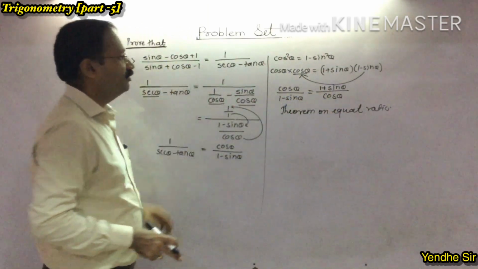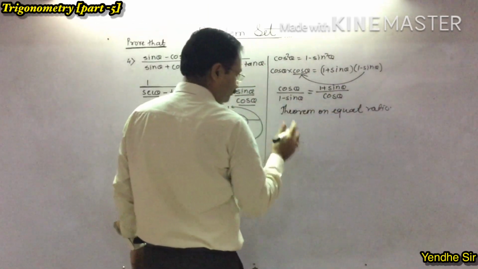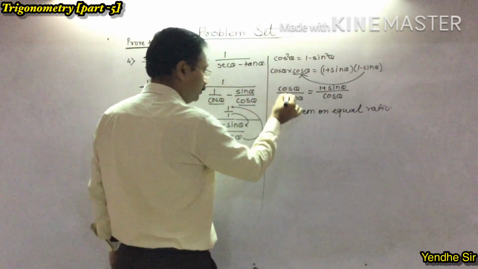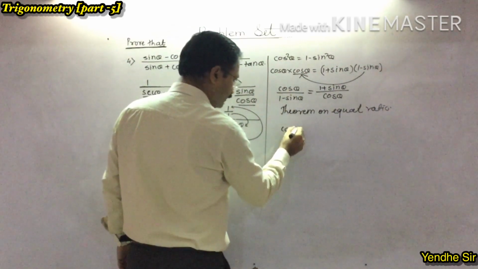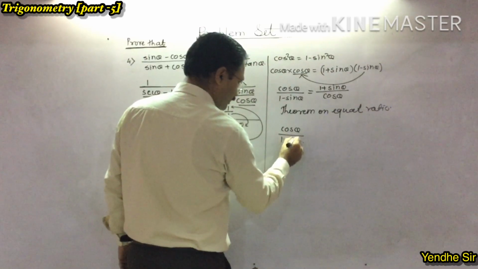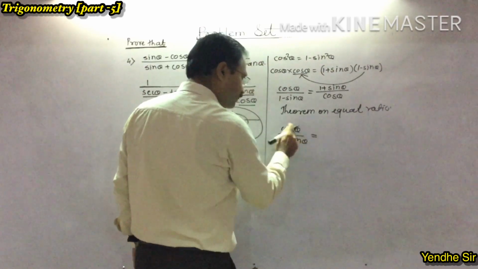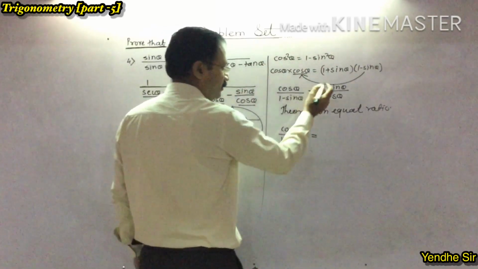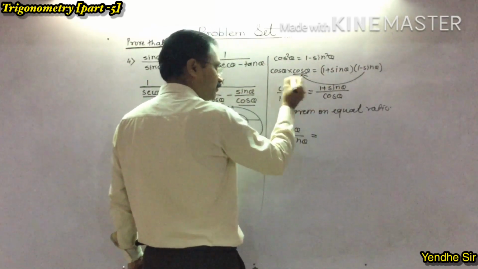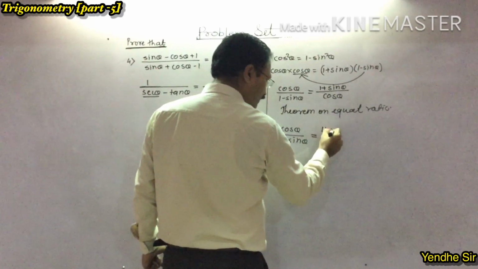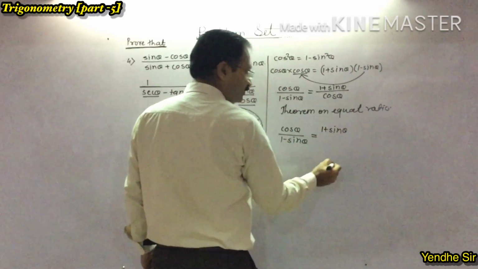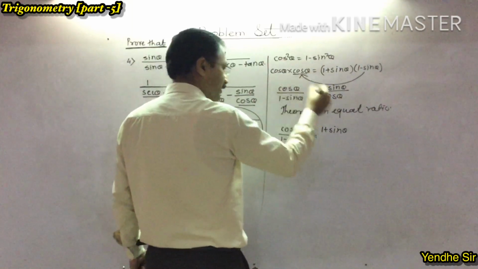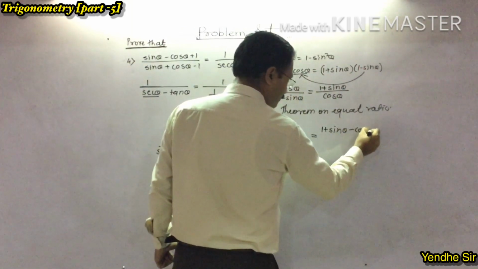So I am going to subtract it, but the ratio should stay as it is. Cos theta upon 1 minus sin theta equals this ratio, and here I write the theorem on equal ratio. The 1 plus sin theta will be as it is, and then subtracting cos theta.